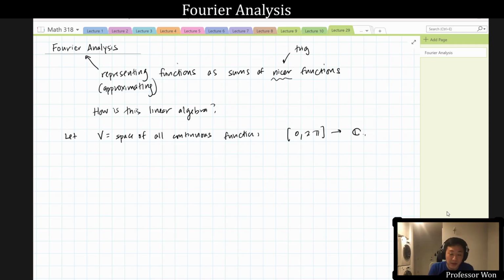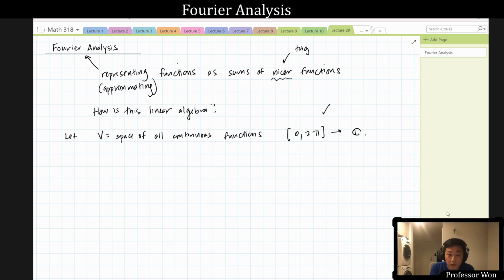You could talk about periodic functions with period 2 pi, which is actually what's done in the notes, but I think it's better to just focus on functions defined on this interval. This interval can, of course, be any interval. It's sometimes negative pi to pi. You can also scale everything so it's 0 to 1. That really doesn't matter.